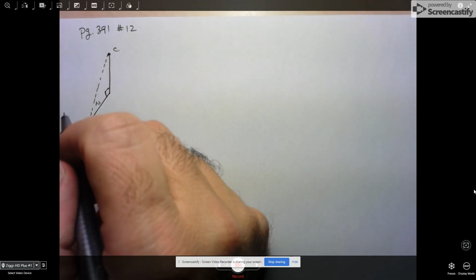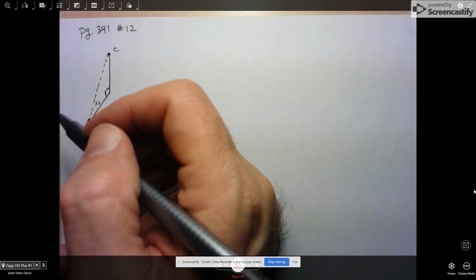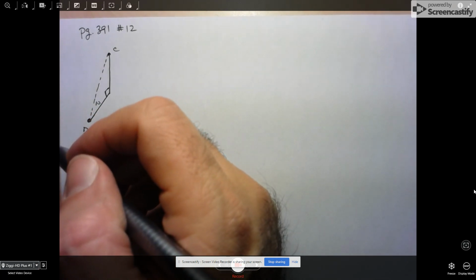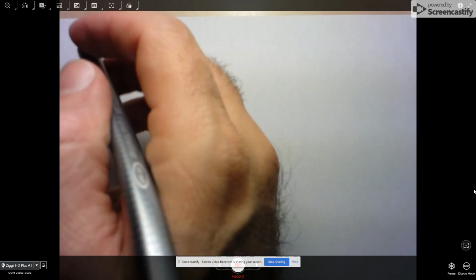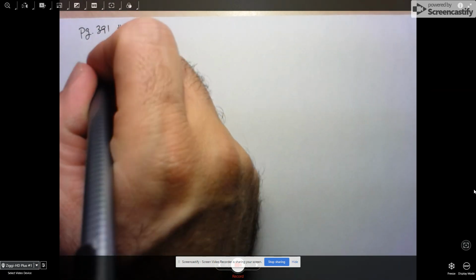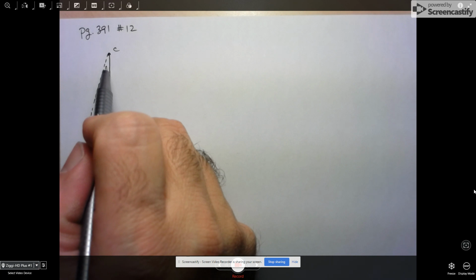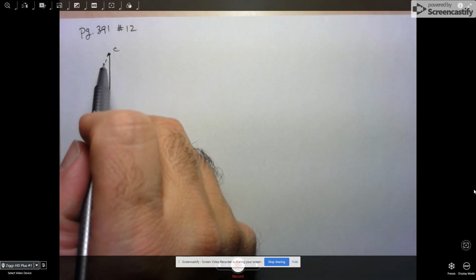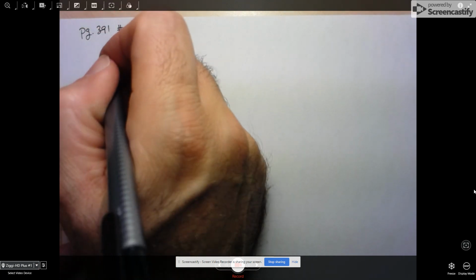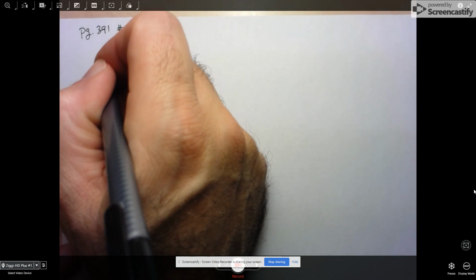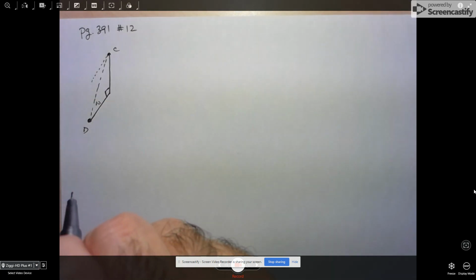Now what they give us is the angle of depression. So let's make sure we remember what the angle of depression is. It's 65 degrees. So remember, this is not the angle of depression, because this is the angle to the vertical. The angle of depression is going to be the angle from the horizontal.